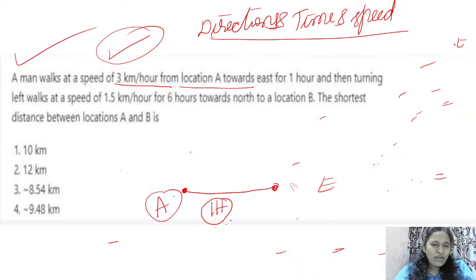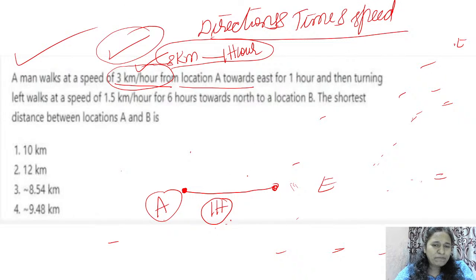He started at point A and is walking at the speed of 3 kilometers per hour. 3 kilometers per hour means he walks 3 kilometers in 1 hour. So in 1 hour, he traveled 3 kilometers.